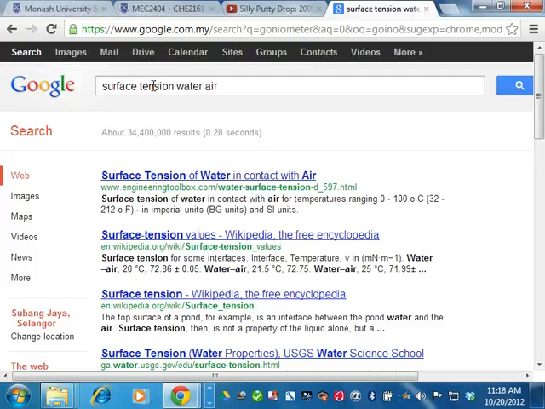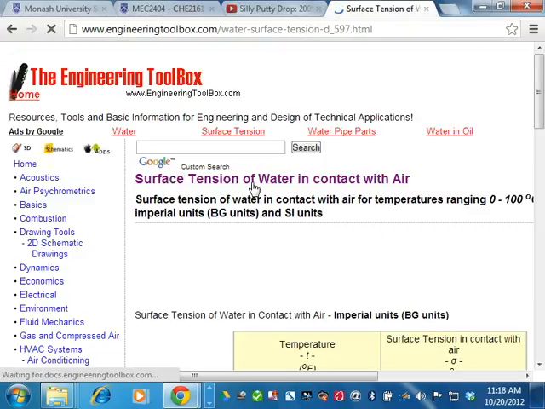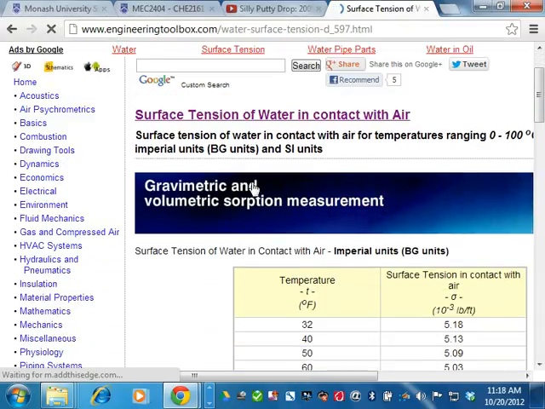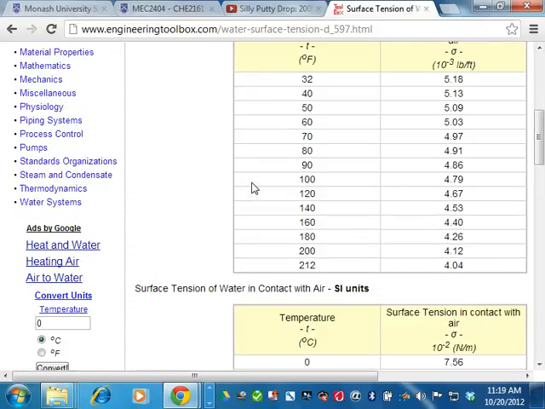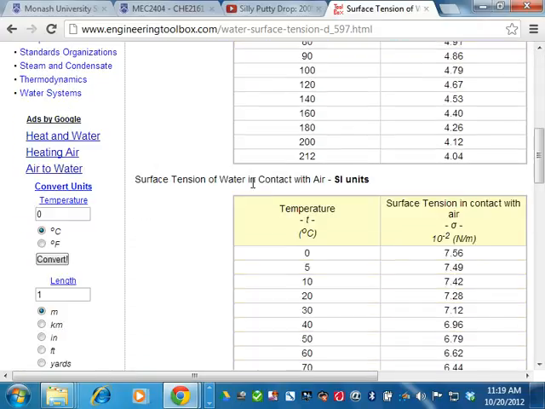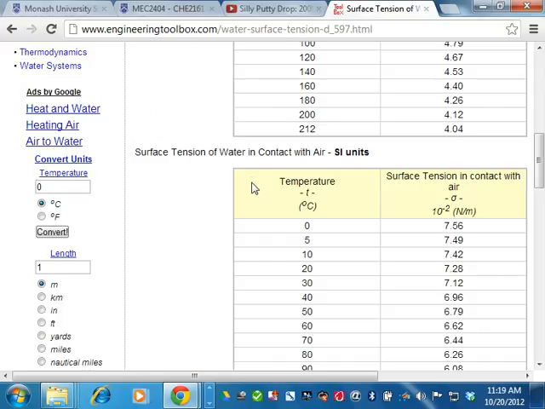There's a three-phase thing going on there. But in this case, it's just water and air. So what's the number? It's normally very small, and the unit is Newton per meter or pound per foot. And there's a slight variation with temperature.